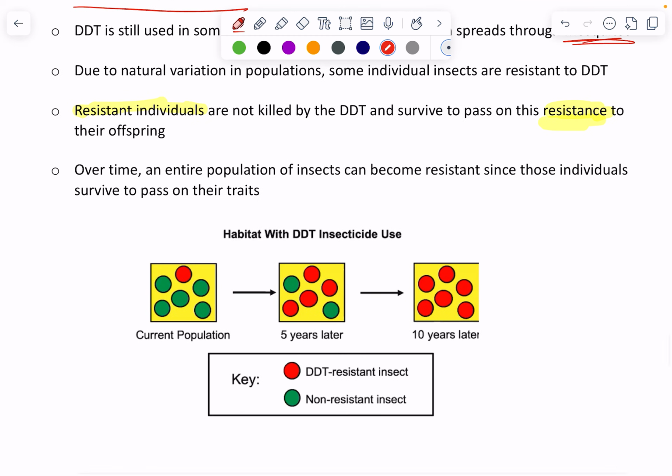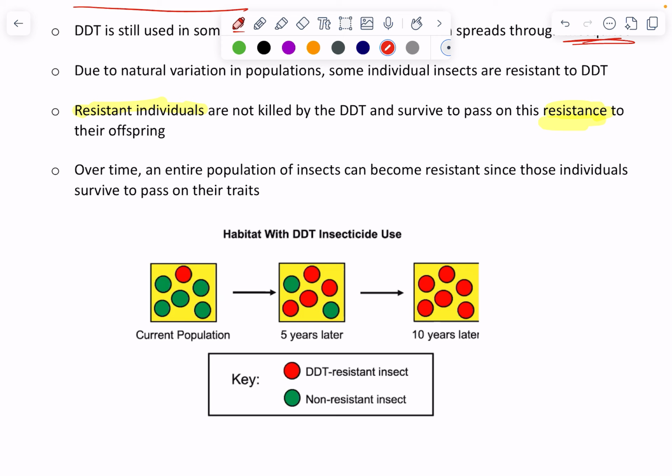We see the same thing happen with antibiotics, where if you overuse antibiotics, you're killing off the vulnerable bacteria, and then any of them that are alive that have a random resistance to it, however slight, are more likely to survive and pass on that resistance to the next generation. And then you're creating this super bacteria that is resistant to antibiotics.